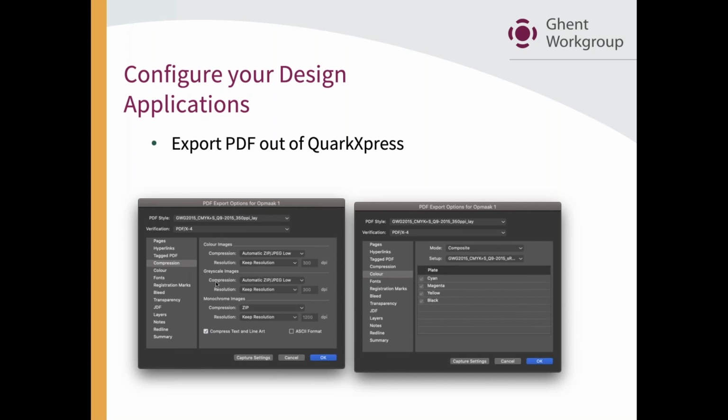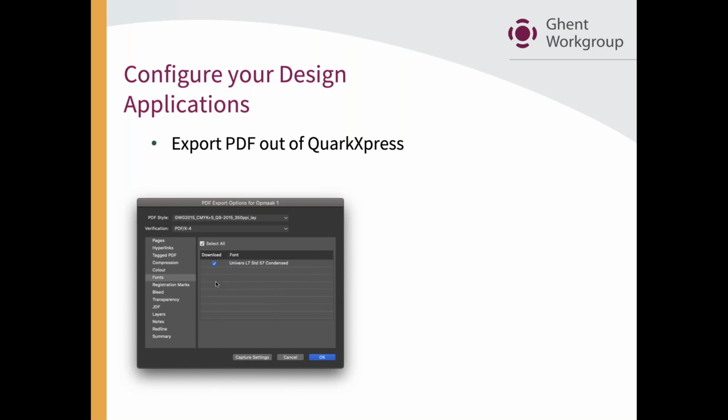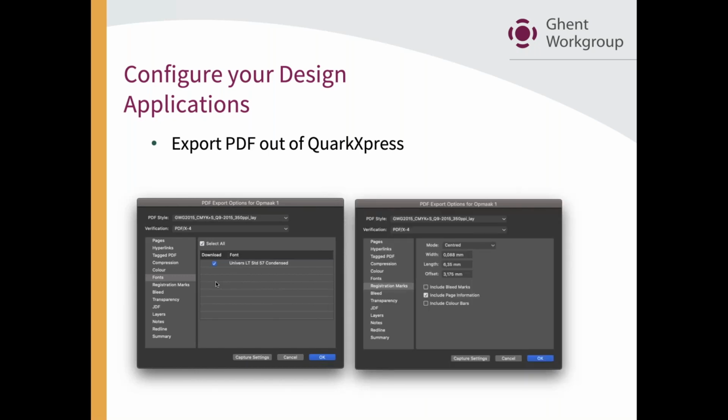We make a composite file, and we even accept RGB. The fonts will be embedded automatically. Here you can add registration marks if you want to have bleed marks, but normally with the center marks we have enough.